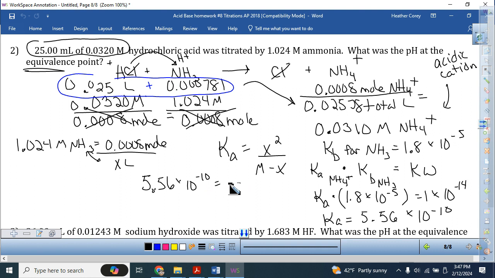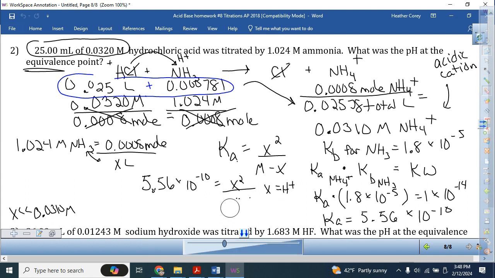And then this equals x squared over the molarity minus x. We can assume that x is much, much less than our concentration of 0.0310. That's what we solved for right here. We're going to assume x is negligible, so we're going to ignore the minus x. Because this is a Ka, our x equals H plus.